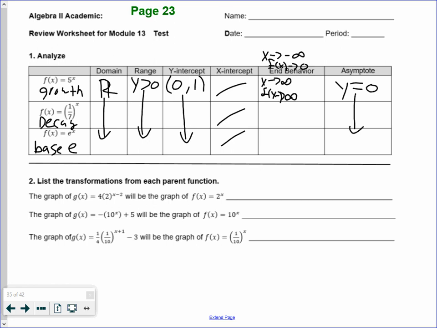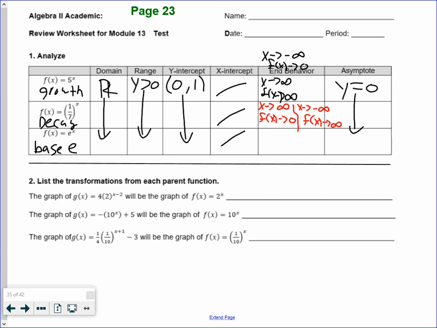For the decay function, as x goes to infinity, f of x is going to 0, and as x goes to negative infinity, f of x is going to infinity.